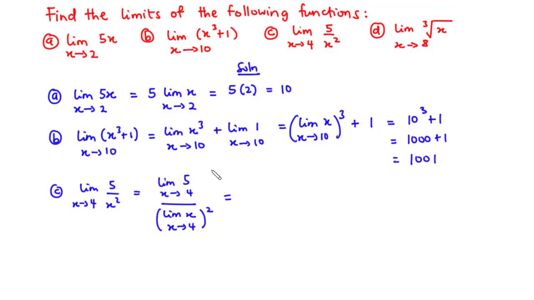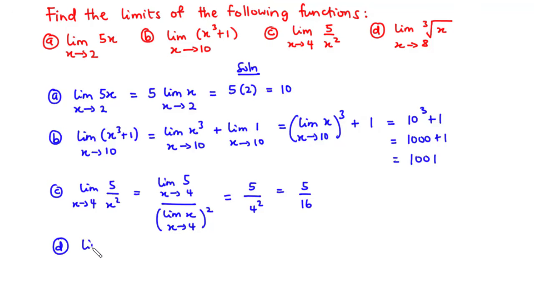Now the numerator is a constant function, therefore the limit of 5 as x approaches 4 is still 5, and then we substitute 4 into this limit, that is 4 squared, and 4 squared is 16, so we have the limit to be 5 over 16.